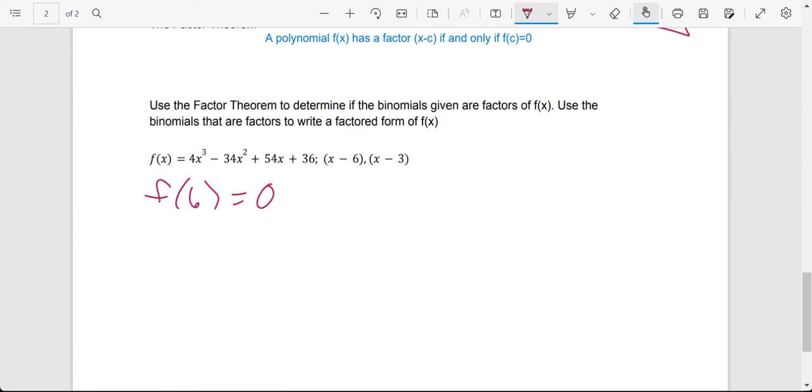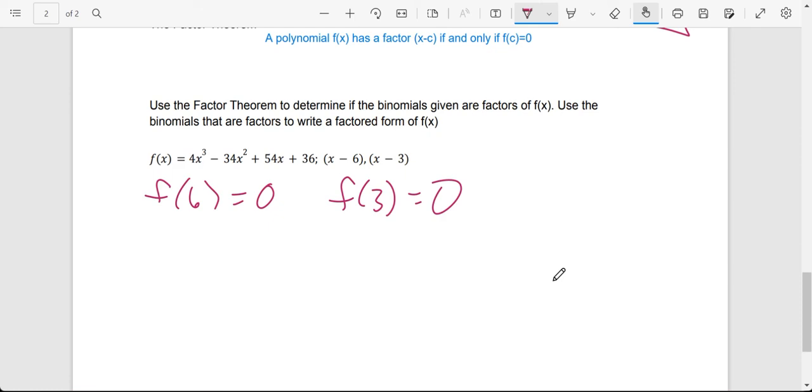I'll take care of factoring x minus 6 out in a minute, and then let's do 3. If we put 3 in, what's your output? That's also going to be 0. So hooray, we have 2 factors. Make sure you're able to plug it in. We had input and output values in the first chapter, so hopefully you remember how to do that, and of course back in your Algebra 1 and Algebra 2 days.